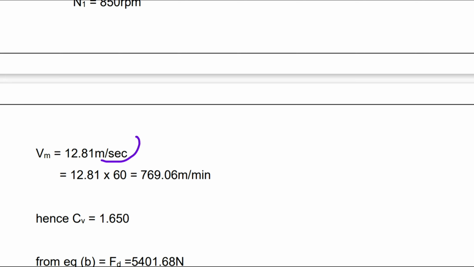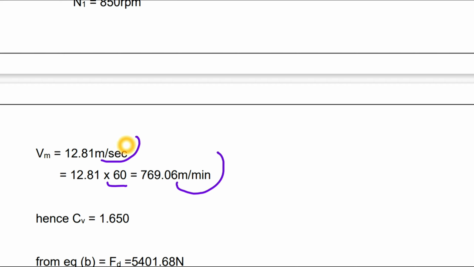Note this value. Second, calculate another value by multiplying this answer by 60, which is 769.06 meter per minute.